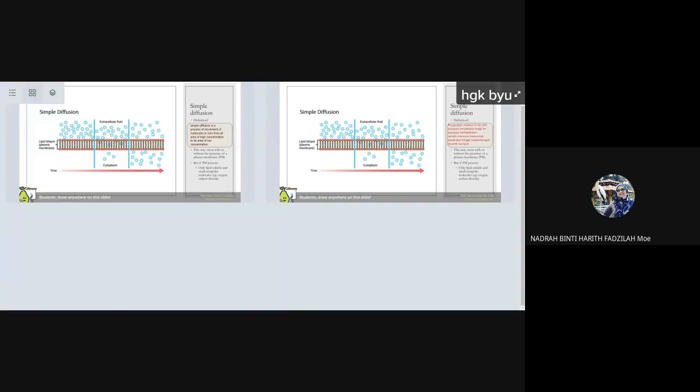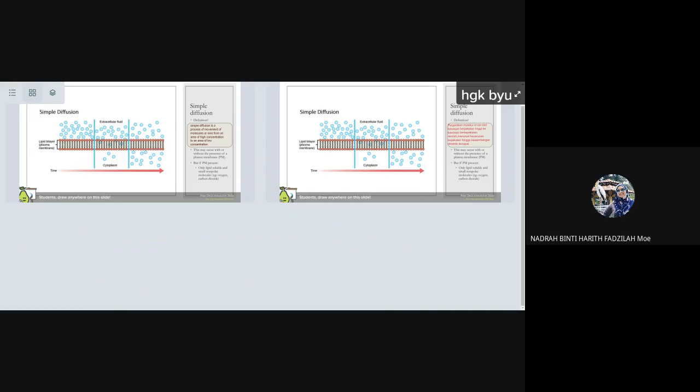Okay, so resapan ringkas adalah proses pergerakan molekul atau ion dari kawasan berkepekatan tinggi ke kawasan berkepekatan rendah. Tak sebut menuruni kecerunan kepekatan pun tak apa. If you have mentioned molecules or ions move from area of high concentration to an area of low concentration, there's no need to mention concentration gradient. Pilih salah satu.